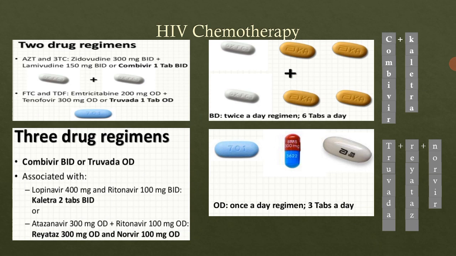Now, in the second picture you can see three drug regimens, where Combivir or Truvada is associated with Lopinavir and Ritonavir, or Atazanavir plus Ritonavir. That means Combivir plus Atazanavir plus Ritonavir. These are the three drug regimens for HIV.